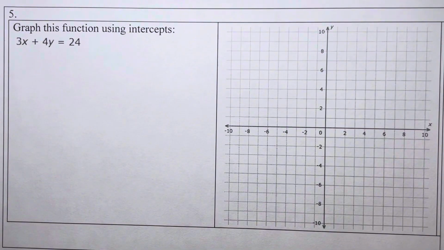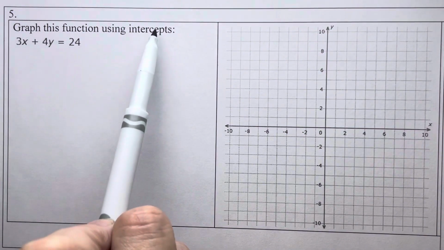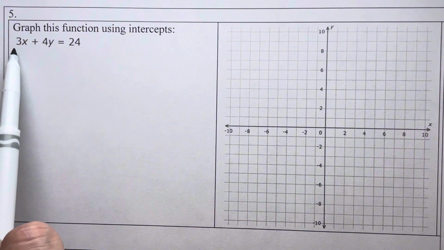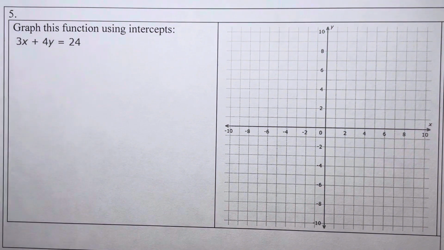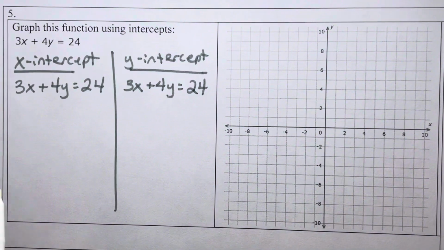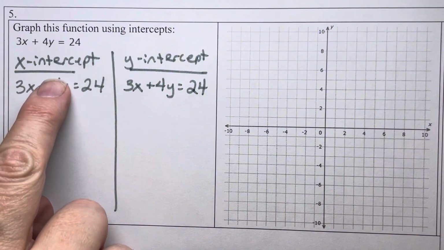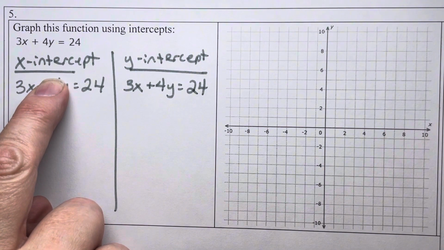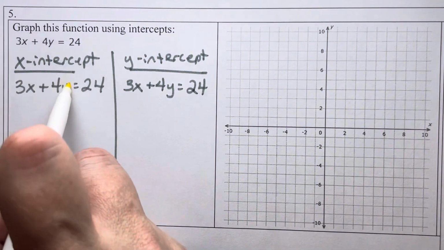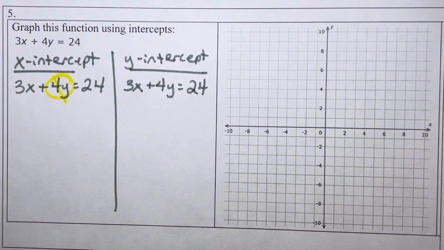On our 5th and final example, we're going to graph this function using intercepts where 3x plus 4y equals 24. Here we go. Let's find our x-intercept, knowing that all we have to do is cover up our y term, because if I'm solving for x, then I don't need the y.